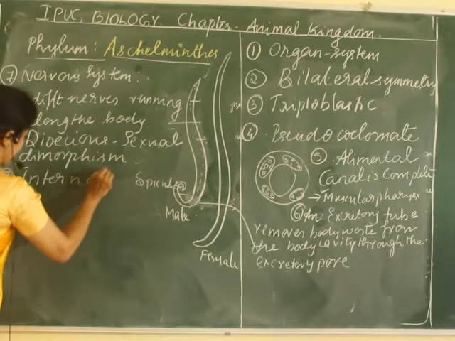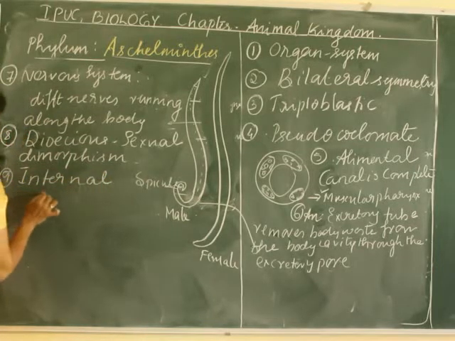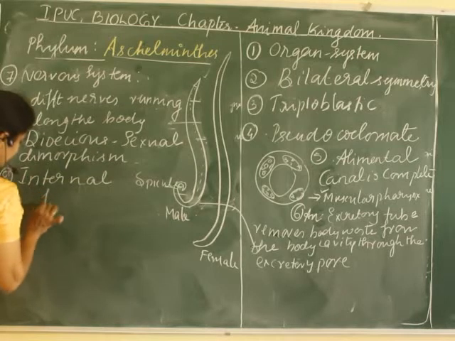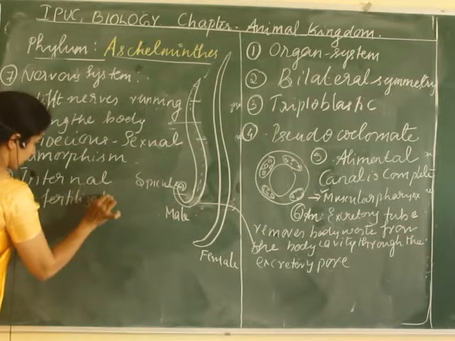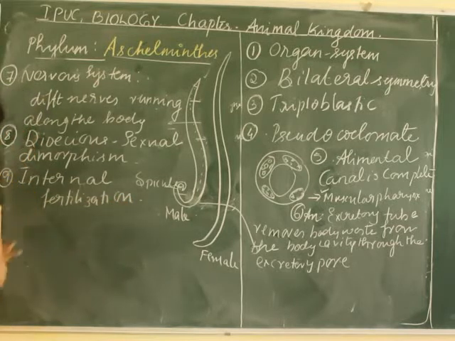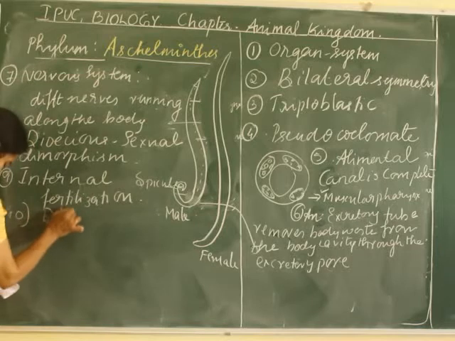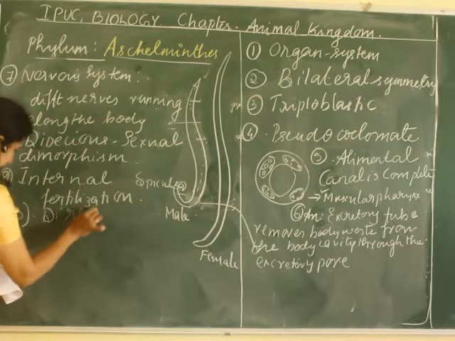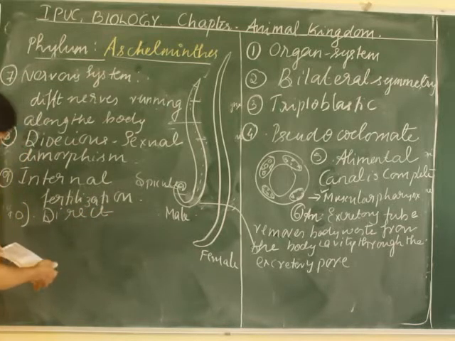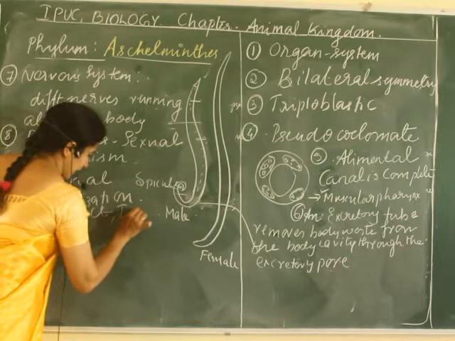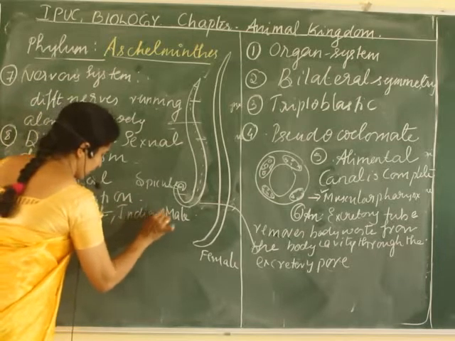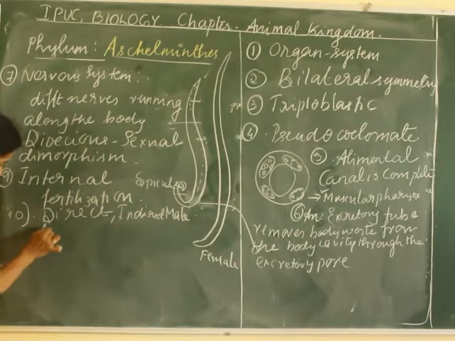Then about fertilization, it is internal fertilization, and they show well-marked sexual dimorphism. Then development: do they have any larval stage? They have direct as well as indirect development. What is the difference between direct and indirect development?